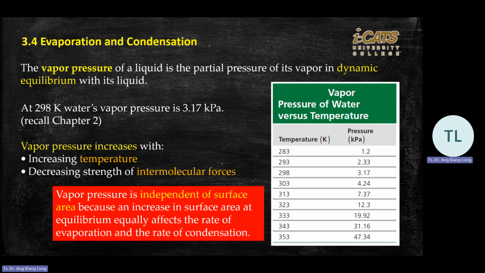Okay. You want to increase the vapor pressure, increase temperature, or reduce the strength of intermolecular forces. So you should be able to answer, how do we decrease the vapor pressure? You decrease temperature, you increase intermolecular forces.